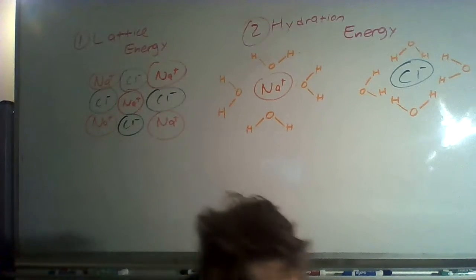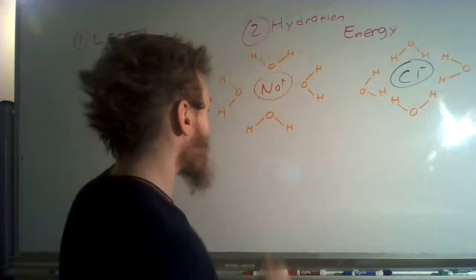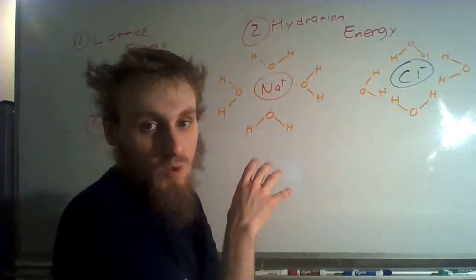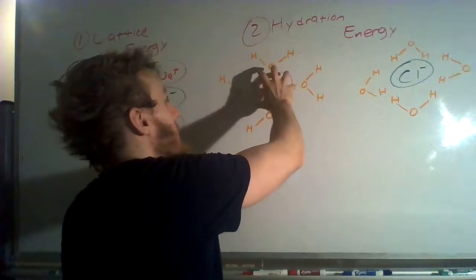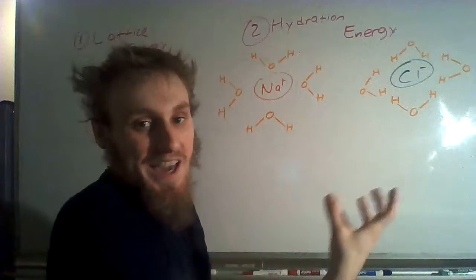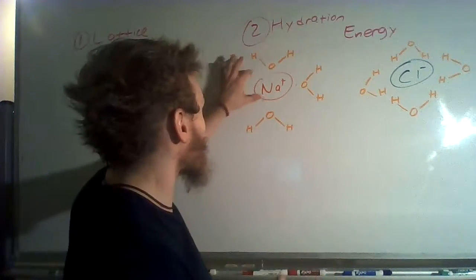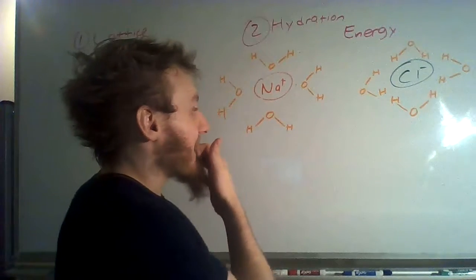So for example, say we had a sodium ion here. Now that sodium ion is going to become hydrated, meaning water is just going to surround this sodium ion. The sodium ion becomes hydrated. It's forming favorable interactions with the water molecules surrounding it.